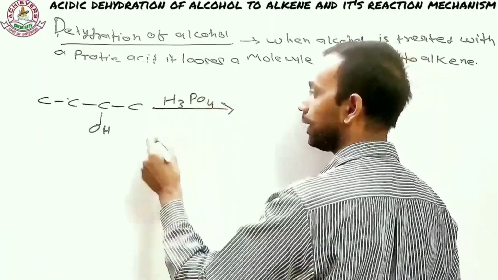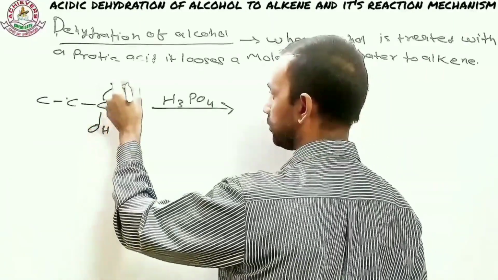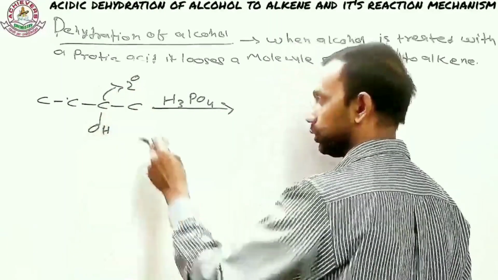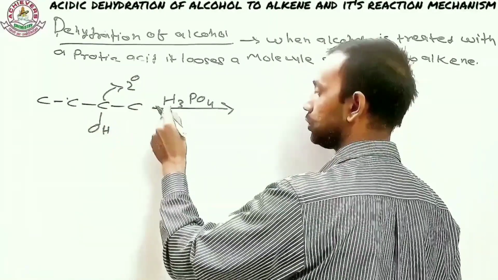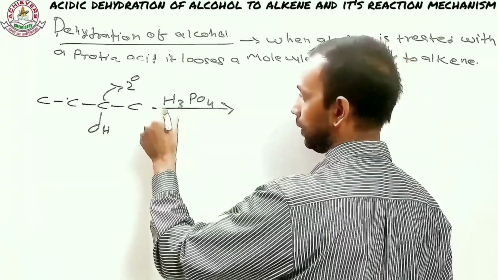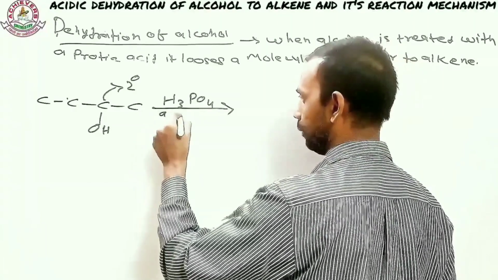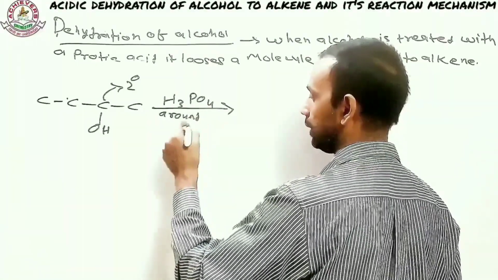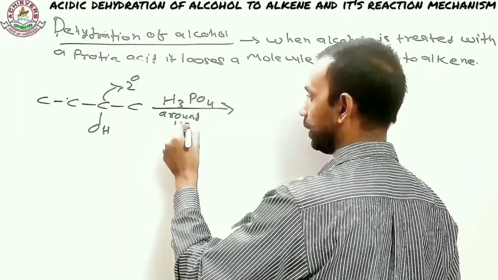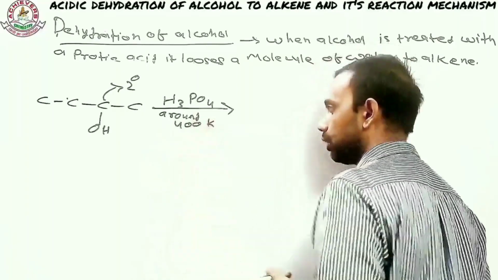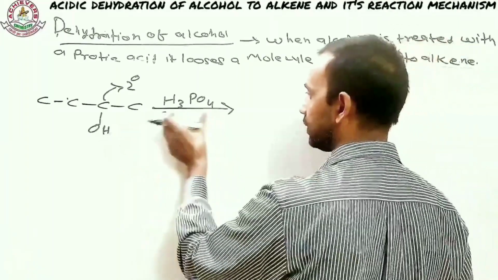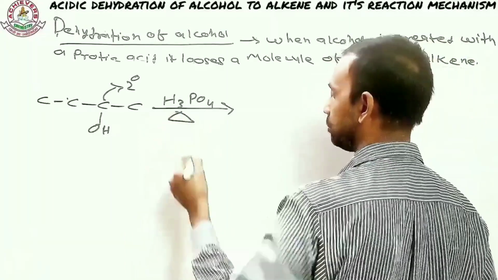Why is a weak acid required? Because this is a secondary carbon, so it is more stable. So the temperature is going to be maybe around 400. I'm not writing the exact value because I hardly know what that is. So around 400 Kelvin, and you better place the symbol of heat.